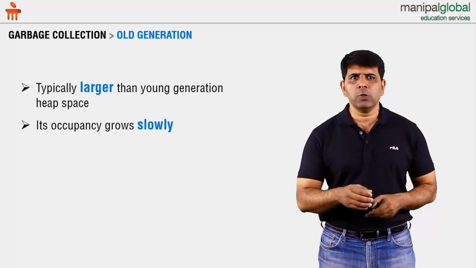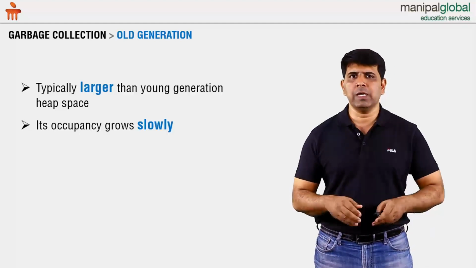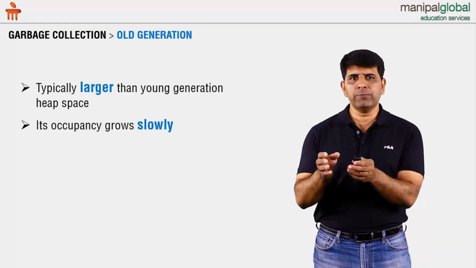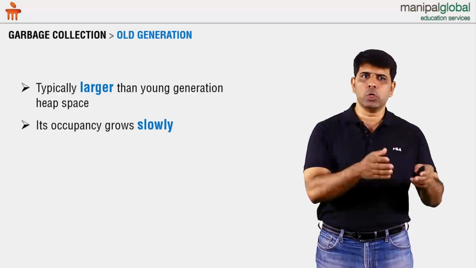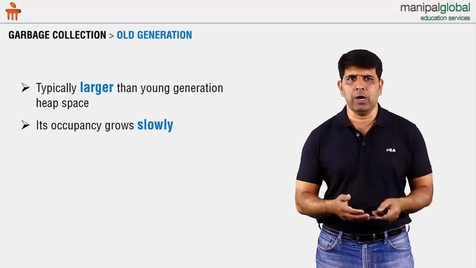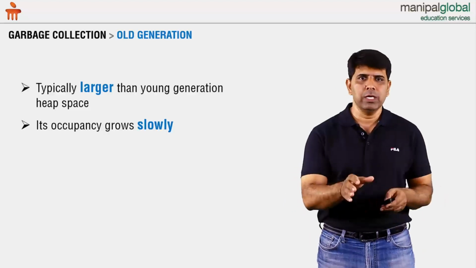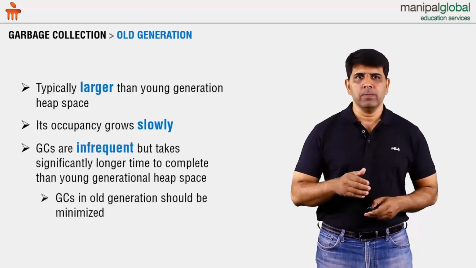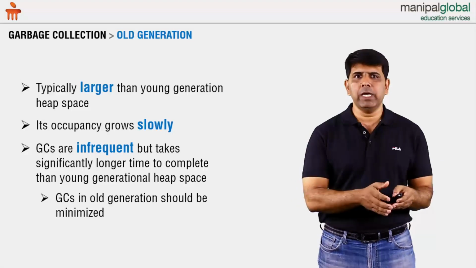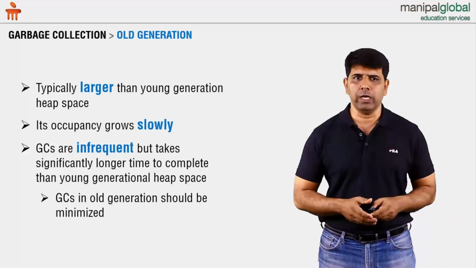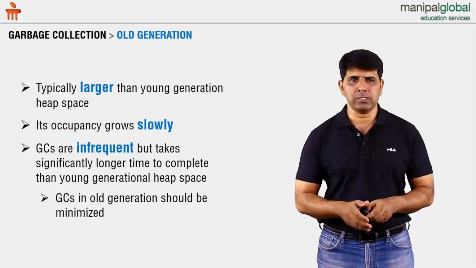Now its occupancy is slow because out of hundreds of objects that get created again and again, only a few of them survive garbage collections multiple times, and they will be moved slowly to the larger or older generation. So the number of objects in the old generation generally is less. Garbage collections are infrequent here, but when it happens, it takes more time because it has to clean up a bigger area. So GCs in old generation should be minimized.